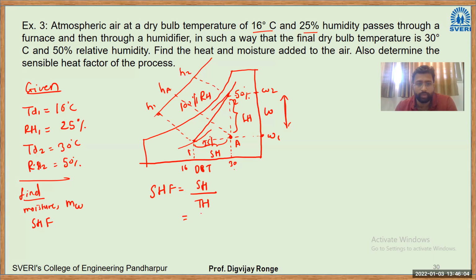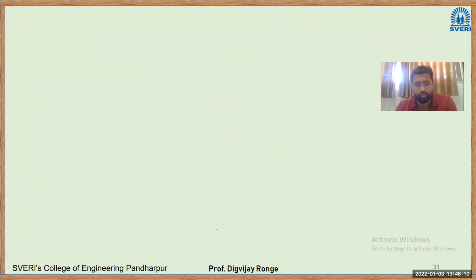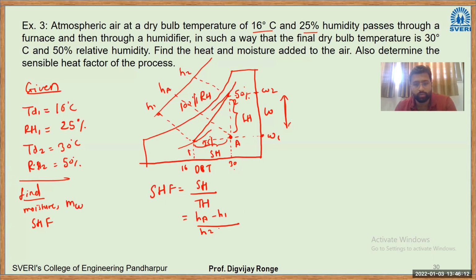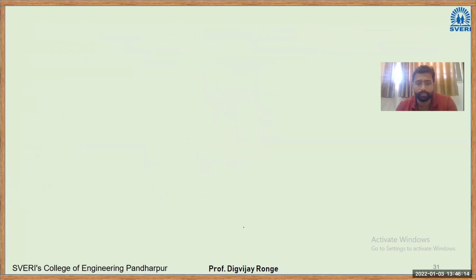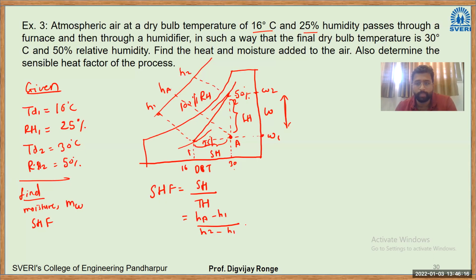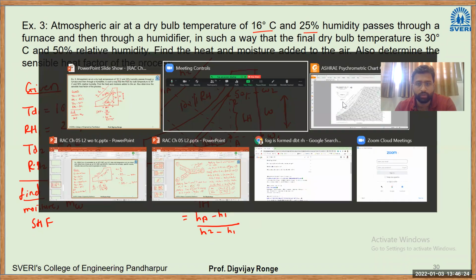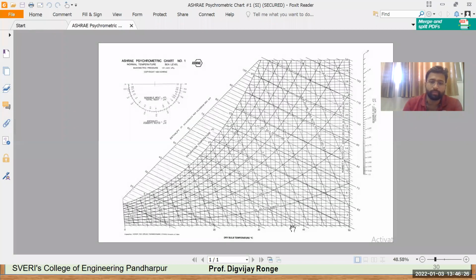So sensible heat will be HA minus H1, and total heat will be H2 minus H1. Is this clear? Now I will go to the psychrometric chart where we can draw the processes.